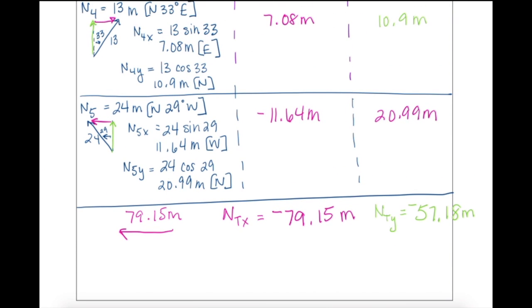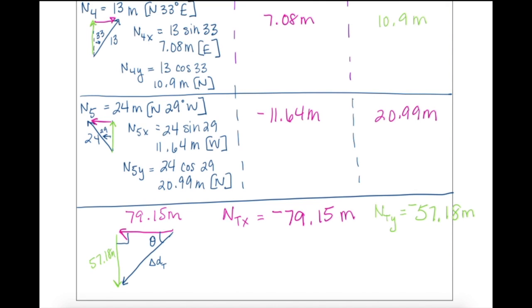Okay, and then we have our vertical component, which is to the south, 57.18 meters. Okay, so this creates the right angle. And so now we're just trying to find what the total displacement is along with what is the angle here for our problem. Okay, so those are the two things we're trying to find.